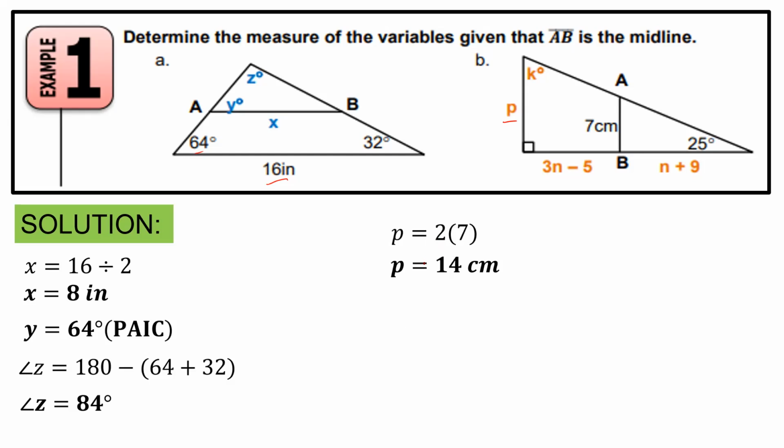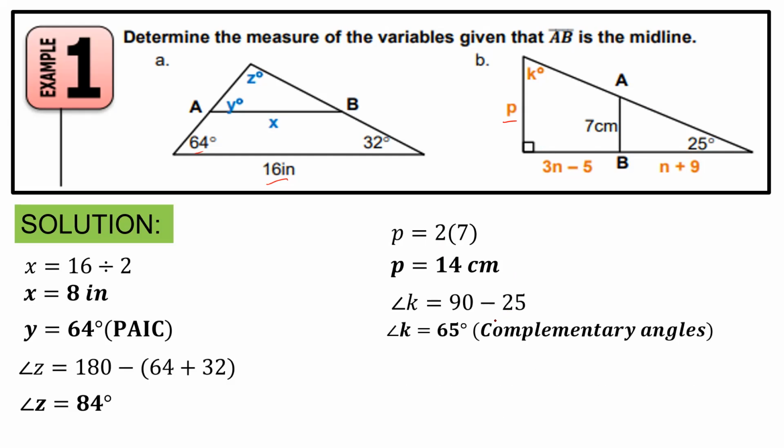And for the next one, since this is a right triangle, k degrees and 25 degrees are complementary angles, meaning the sum of these angles should be equal to, I'm sorry, should be equal to 90 degrees. So k degrees is equal to 90 minus 25, which is equal to 65 degrees.